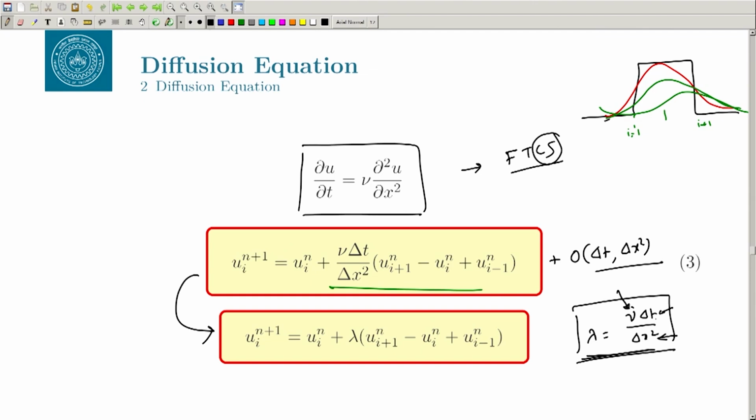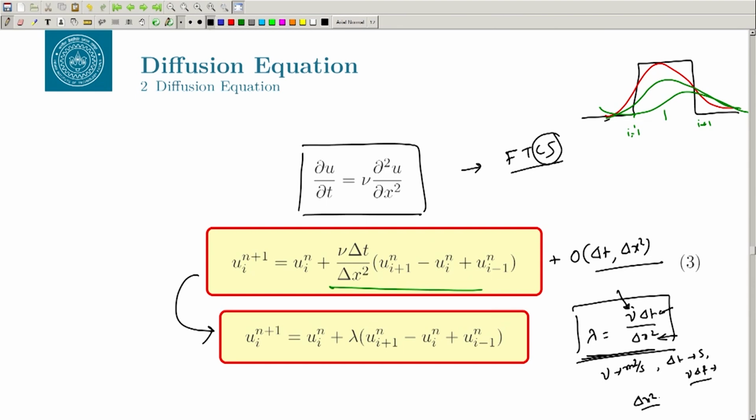Okay. So, what it is saying here is, nu, the unit is meter square per second, and delta T is basically second. So, nu delta T is basically how much area it is covering at a given time, and delta x square is basically your grid area in a way.